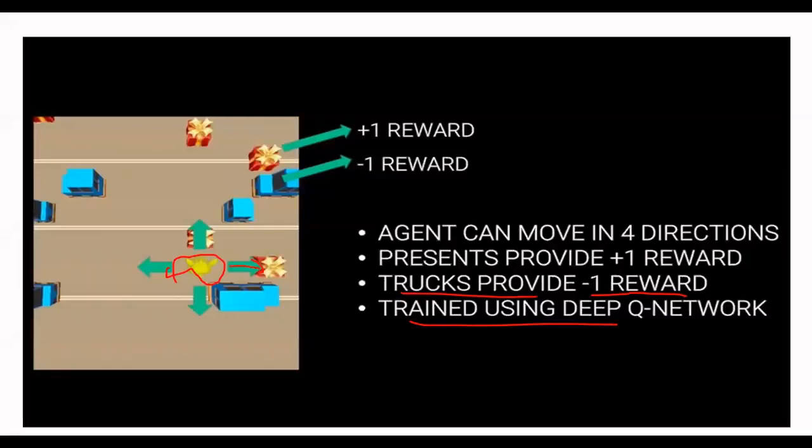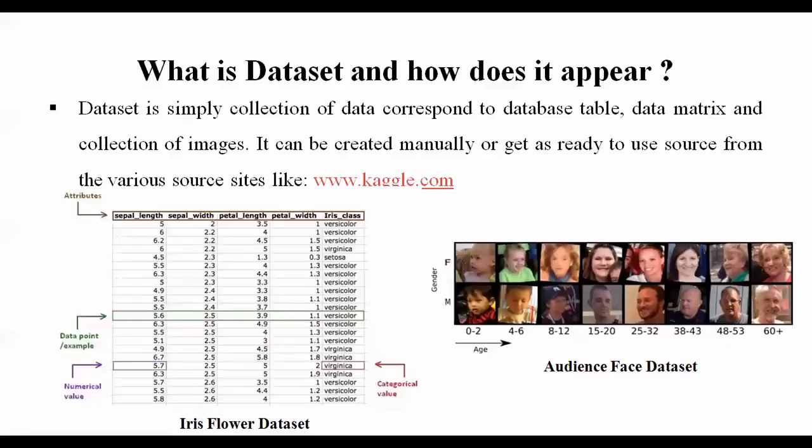Before I begin the concept of deep learning or machine learning, we discussed a lot about data sets, training data, and testing data. So what is a data set and how does it appear? A data set is simply a collection of data corresponding to a database table, data matrix, or a collection of images, audio or video.